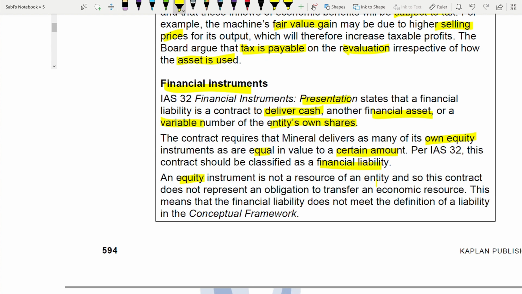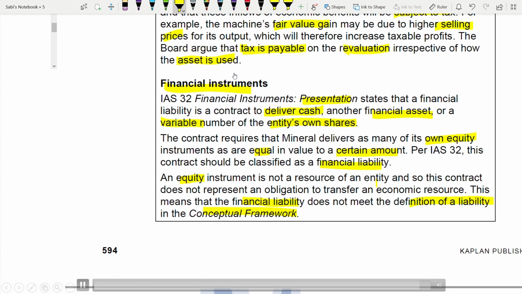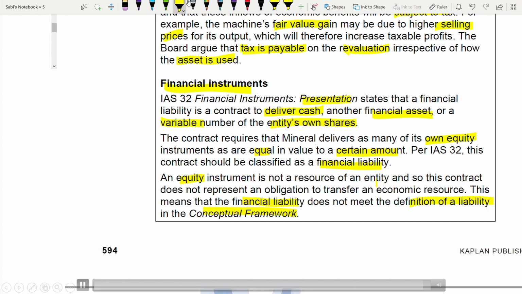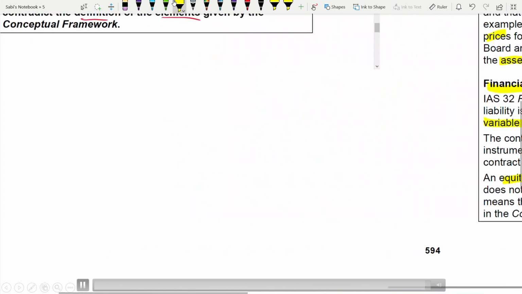So in this case, the financial liability does not meet the definition of a liability according to the conceptual framework. Whatever liability, when you're comparing it with the conceptual framework, it should meet the definition of a liability. It does not meet, because for it to be a liability, you should have some obligation to transfer an economic resource, which you don't have.